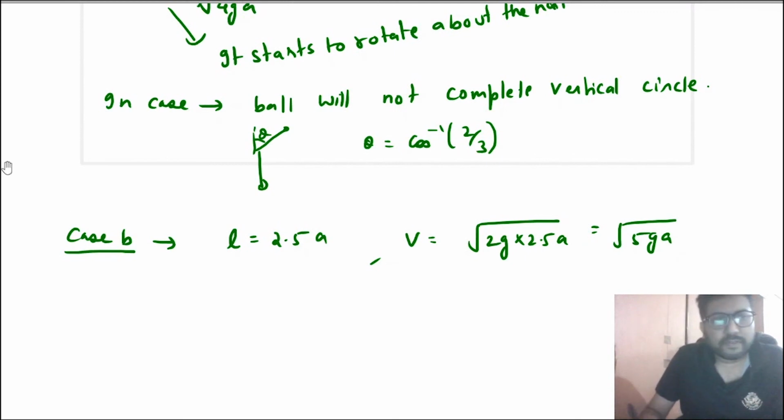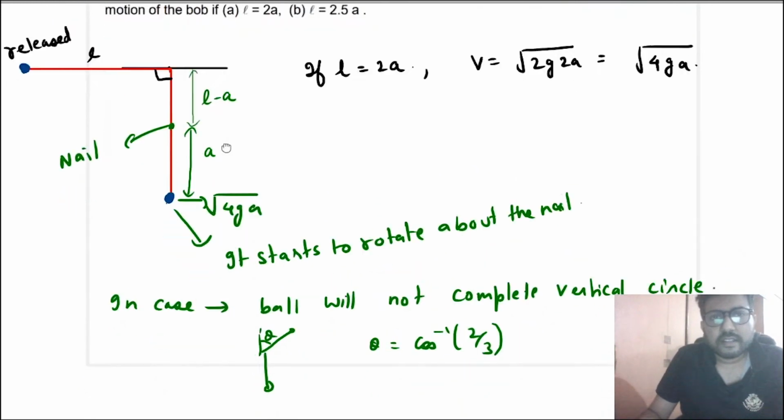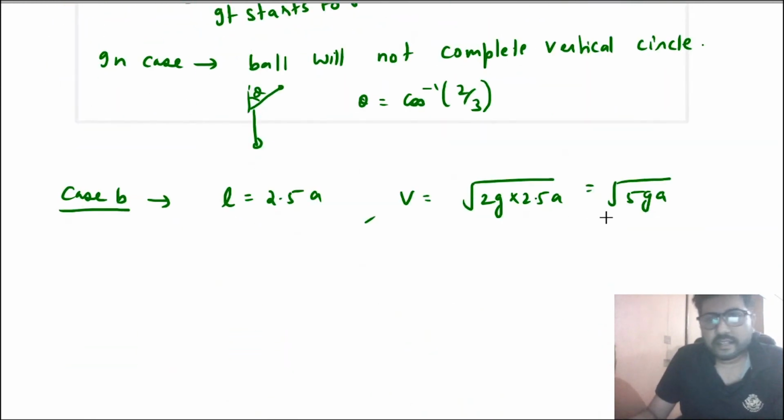Now if the speed here is root 5ga and this is about the nail point, it is trying to complete the vertical circle and the distance between the nail and the ball is a. That means the length of the string which is performing the circular motion is a, and the speed is root 5ga, then you will say that it will just complete the vertical circle. So in this case you will say that the ball will just complete the vertical circle about the nail.